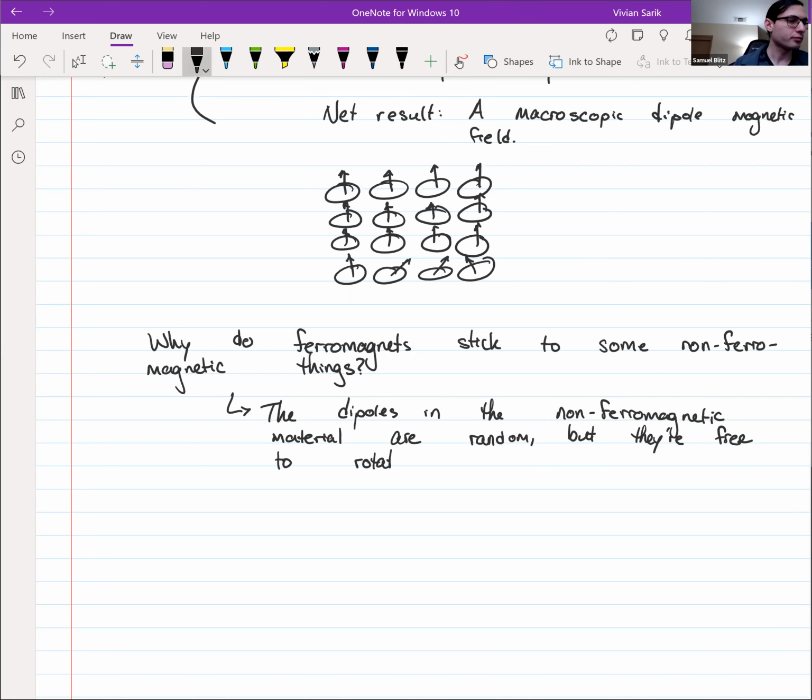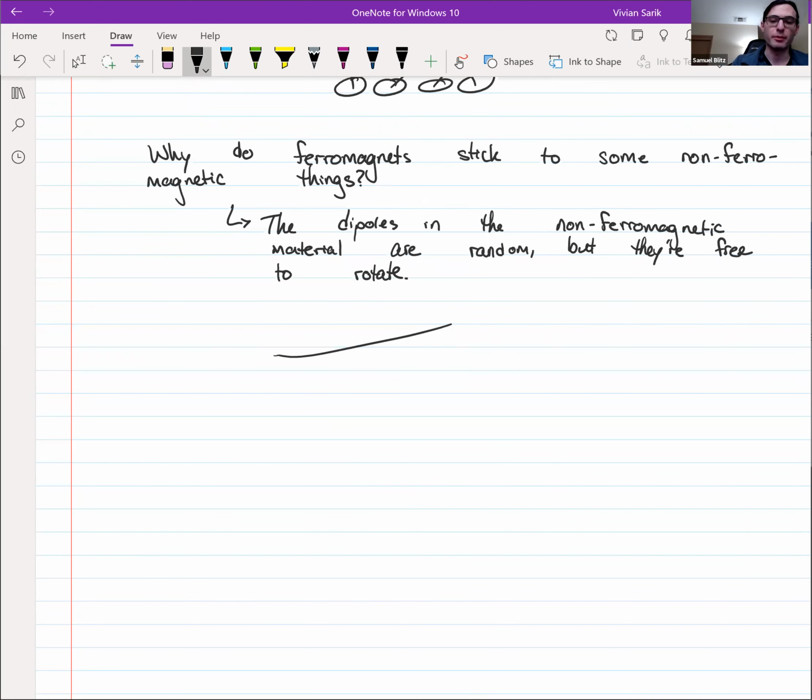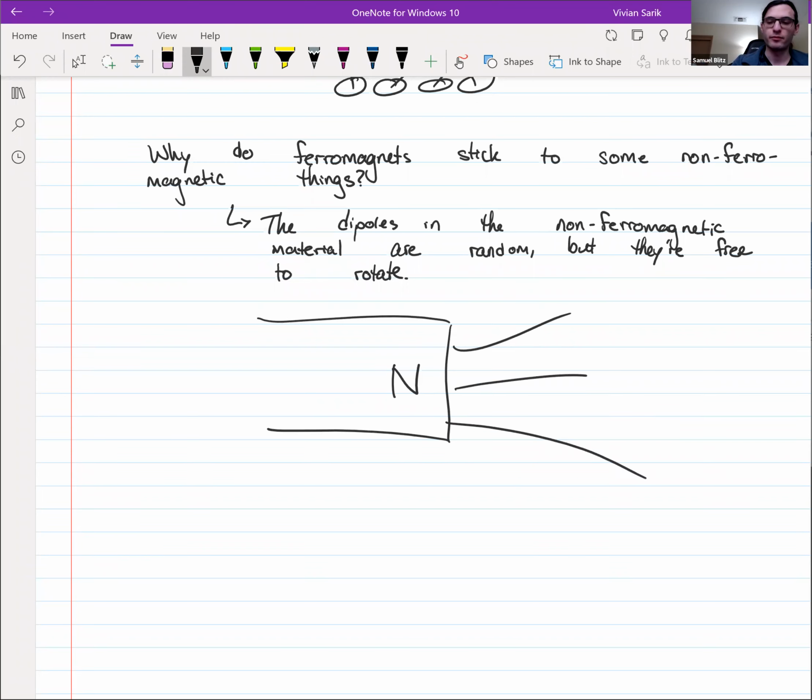So what you get is a magnetic field from, say, a permanent magnet, and then you have a whole bunch of randomly aligned dipoles in your other material.